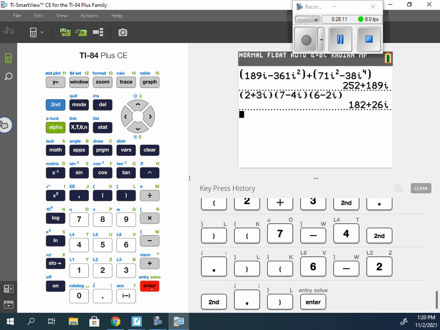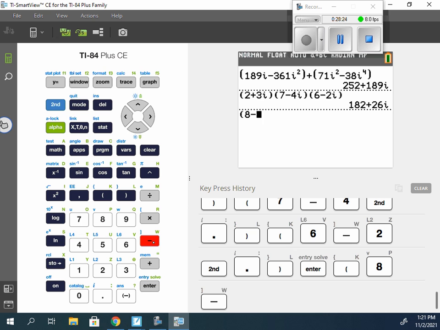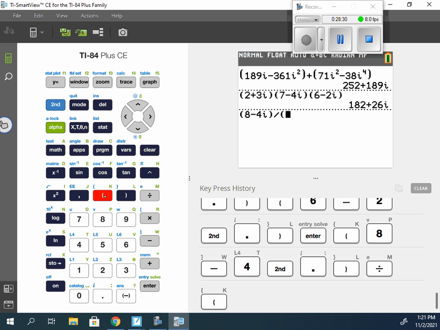Now division, we can't type it in exactly as we see it. We have to change it a little bit. So 8 minus 4i over 3 minus i. To do that, 8 minus 4i divided by 3 minus i. We have to write the numerator in parentheses divided by the denominator in parentheses if we're going to use division.